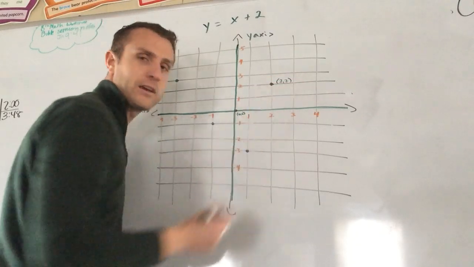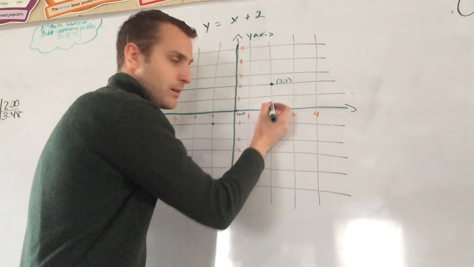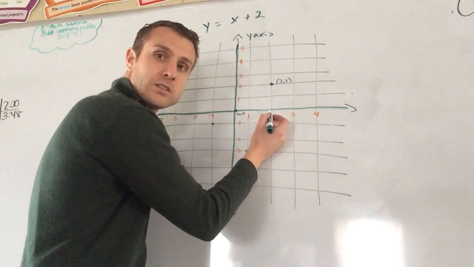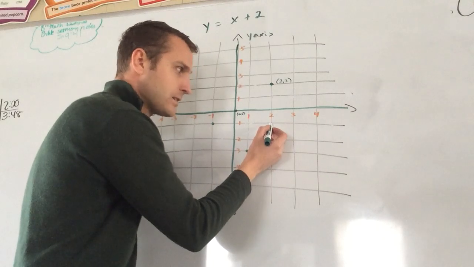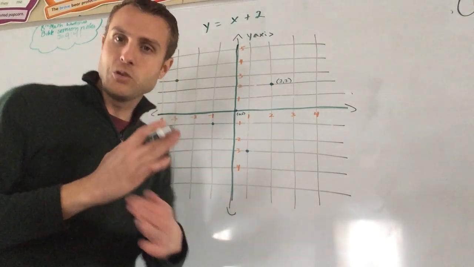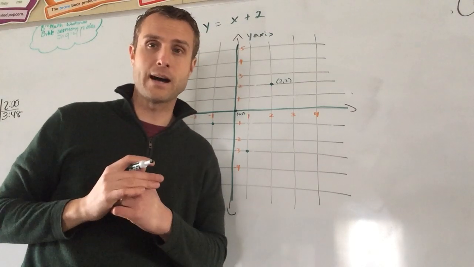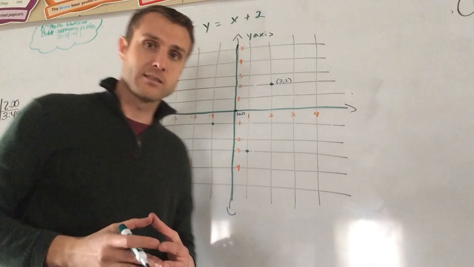So this point where they cross is 2, 2. This point, 2, 1. This point, 0, 2. This point, 2, negative 1. So anywhere where you have two blue lines that make an X, which is going to be at the corner of each box, that is going to be a point.